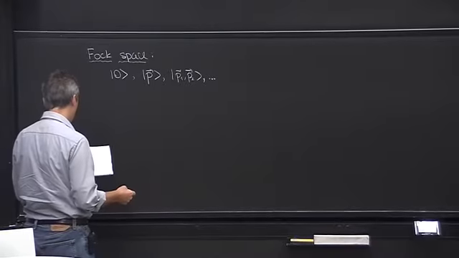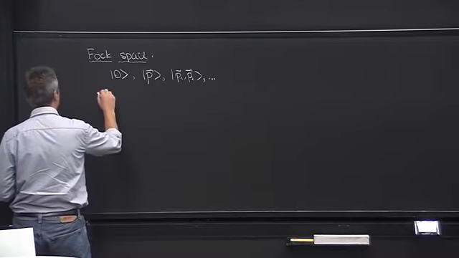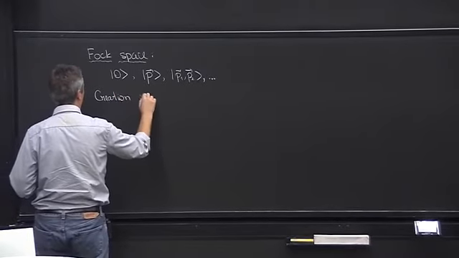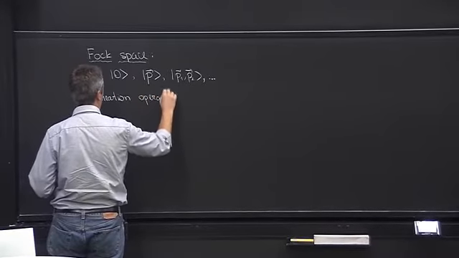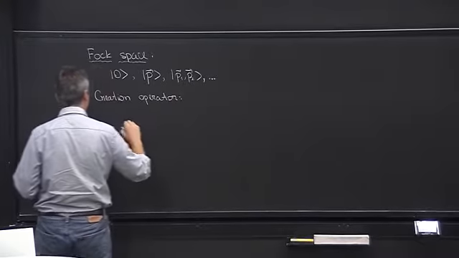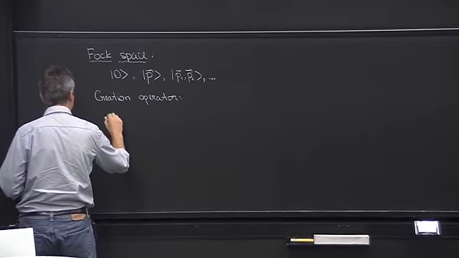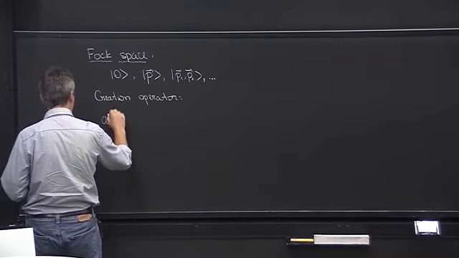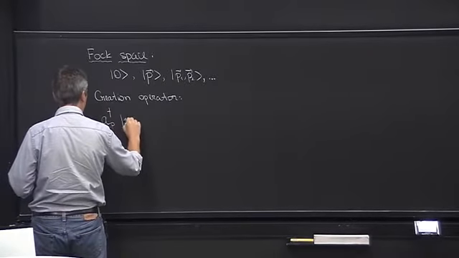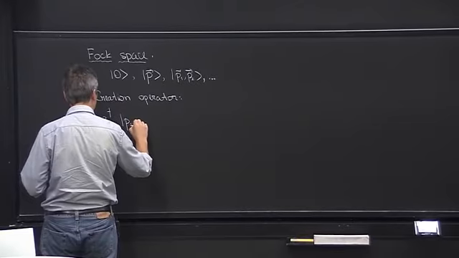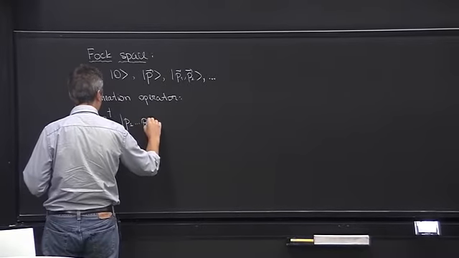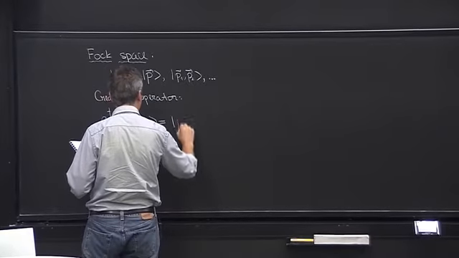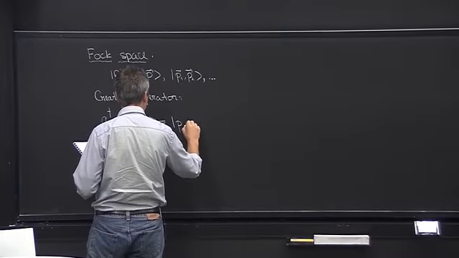So the basic operator of this type is the creation operator, which acts in the following way. If we have a state with n particles, the creation operator will add another particle with some definite momentum p.